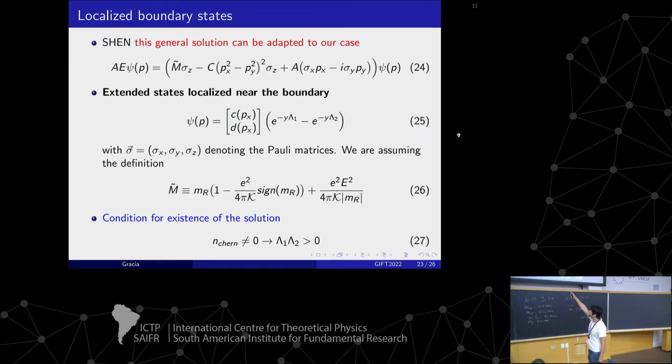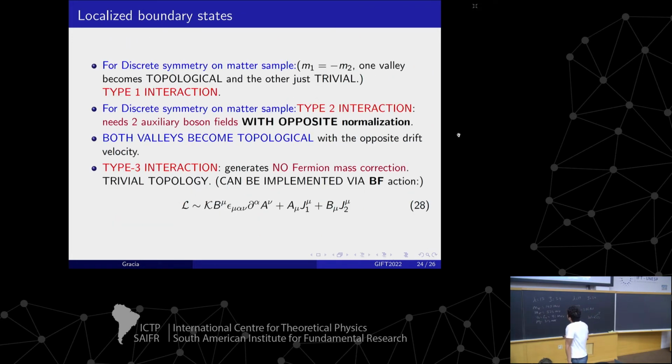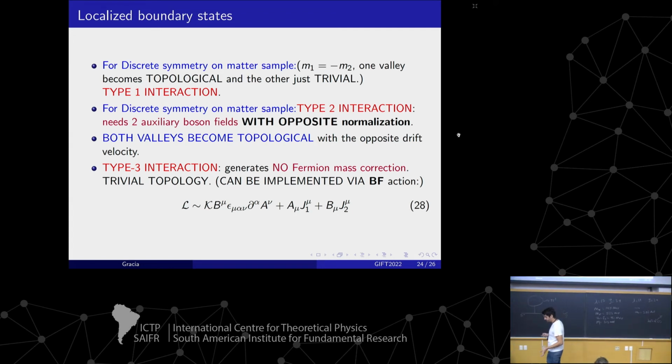And if we have that, we have a non-trivial solution concentrated in the boundary, which is a phenomenological signature of this kind of model. Okay, type 1 interaction, if we consider discrete symmetry on the matter sample, gives one valley become topological with this kind of boundary solutions, and the other is trivial.